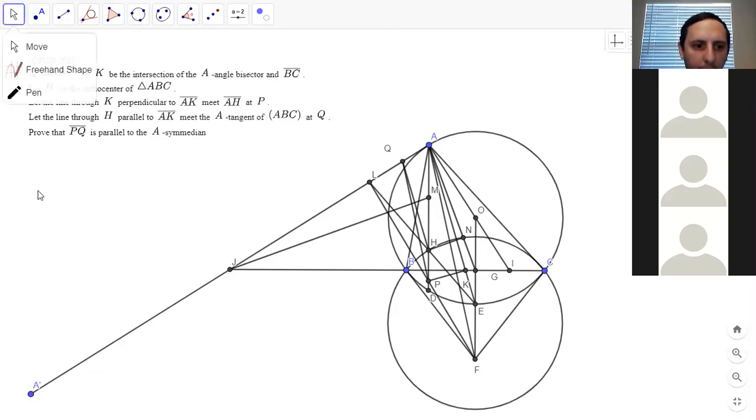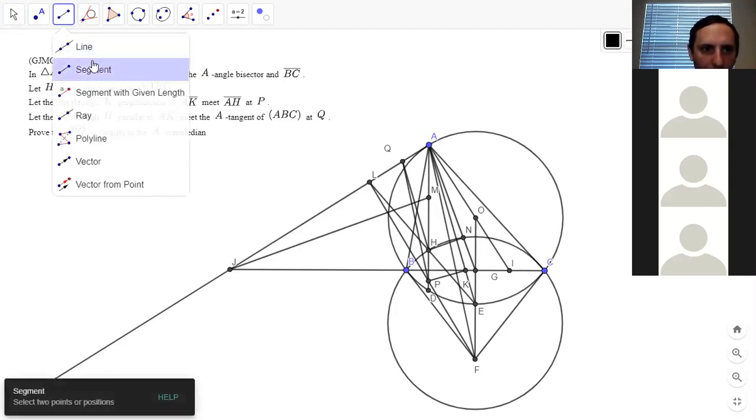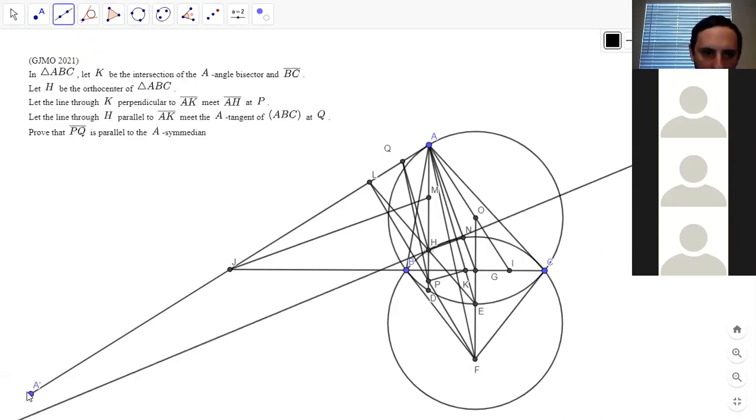Okay, so we want to use point A prime. So A prime H is parallel to JM. Actually, let me see.